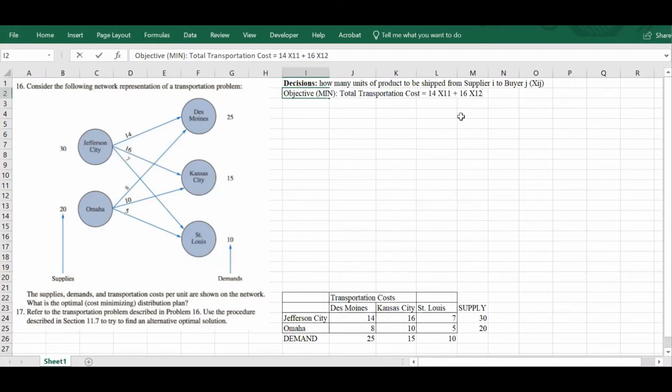times 16, the per unit dollar amount that you have to pay, plus 7 X13 plus 8 X21 plus 10 X22 plus 5 X23.